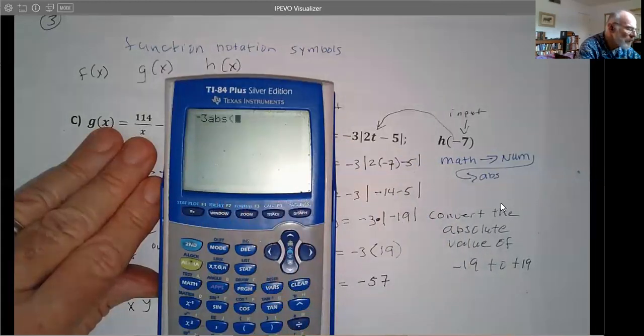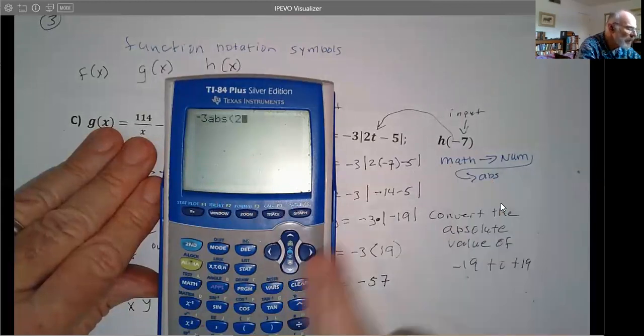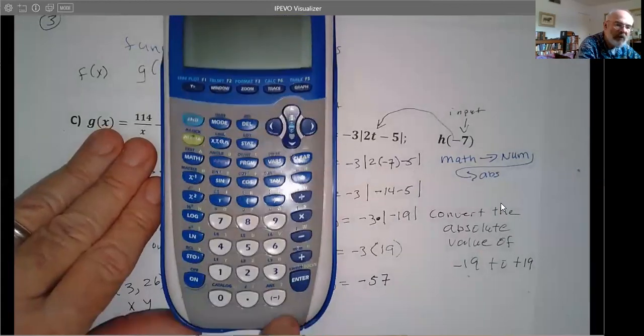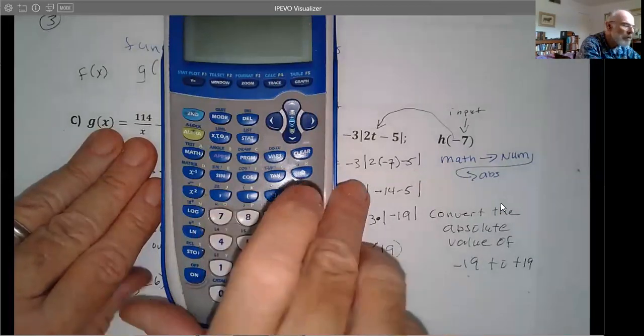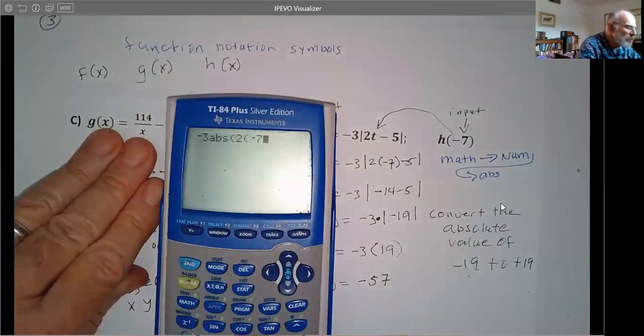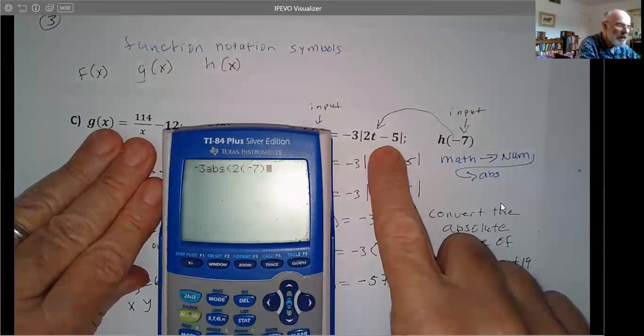So we're going to type after that 2, and then t is going to be negative 7. So I'm going to make another parenthesis and put negative 7 in. Again, I go to the bottom, click negative, and then 7. Then I close the parenthesis for the negative 7. Then there was a 5 after it.